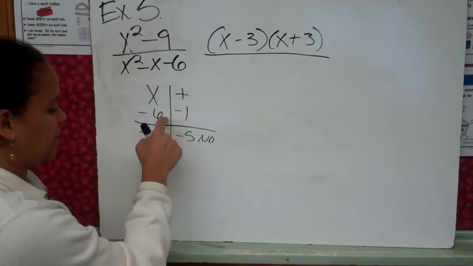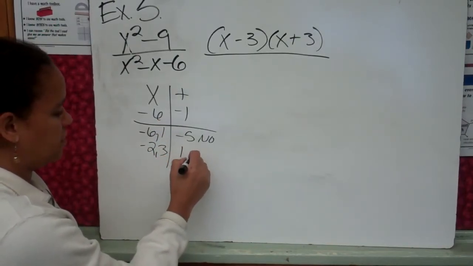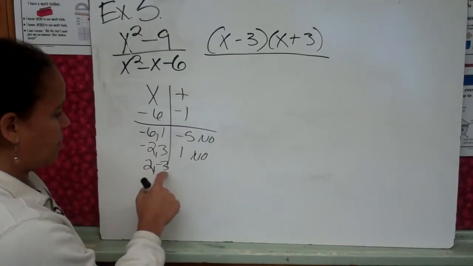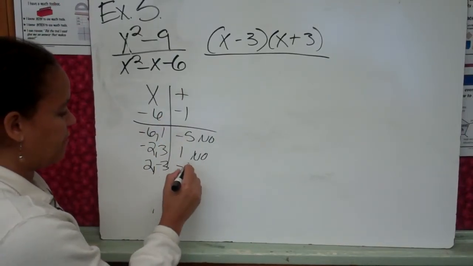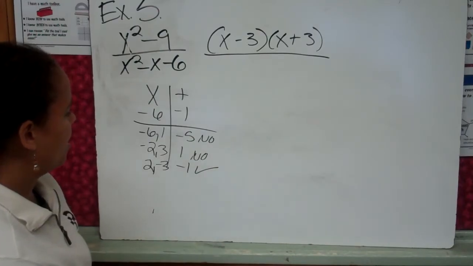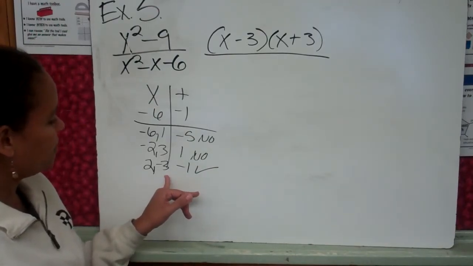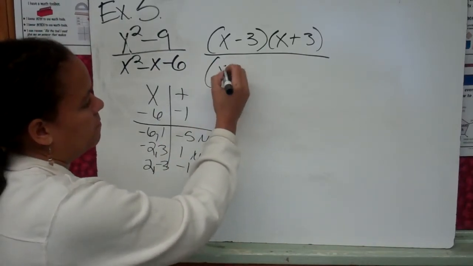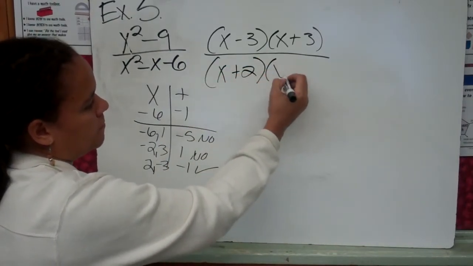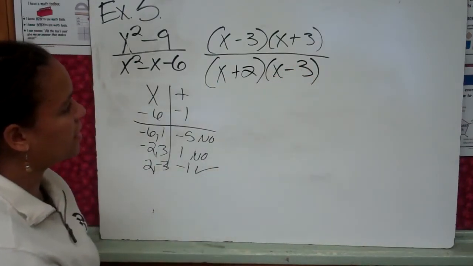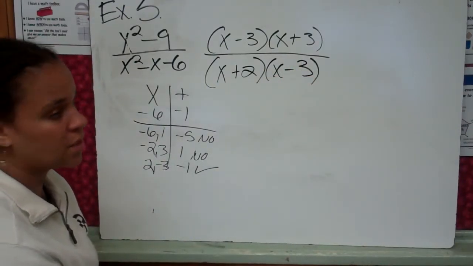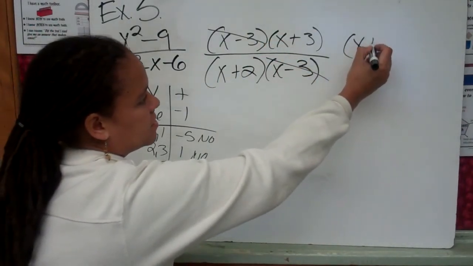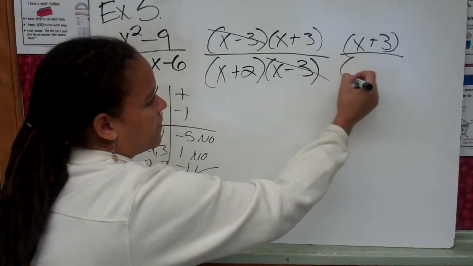Negative 2 times 3 is negative 6, and negative 2 plus 3 is 1. Oh, that's not going to work. How about 2 and negative 3? That multiplies to negative 6. That adds to negative 1. Ding, ding, ding. So these are our numbers, x plus 2 and x minus 3. All right, can we cancel out anything? You betcha. X minus 3, x minus 3. So our final answer, x plus 3 over x plus 2.